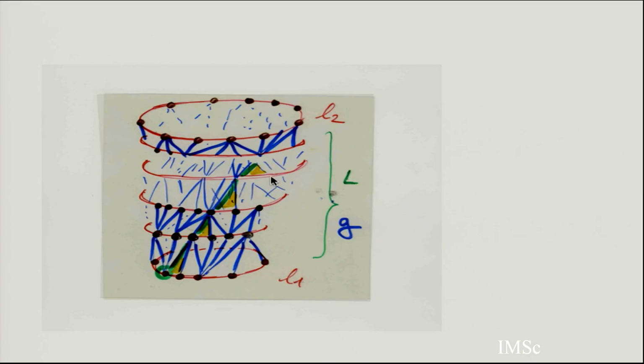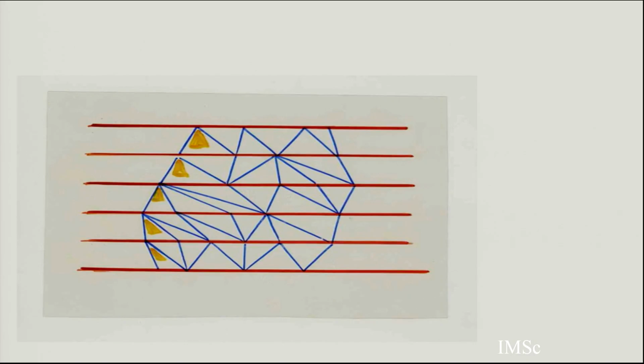So you can cut your cylinder, and what you get is this special Lorentzian triangulation. So the condition on the left border is that any triangle is up, you see.